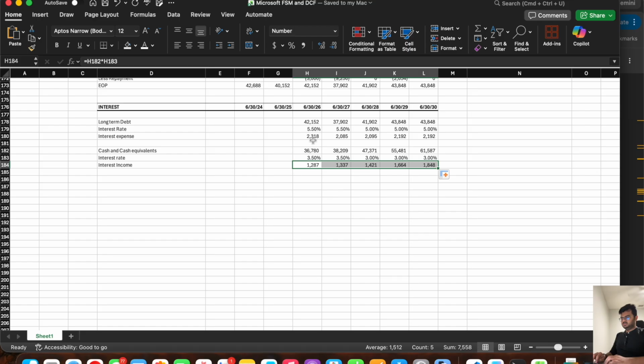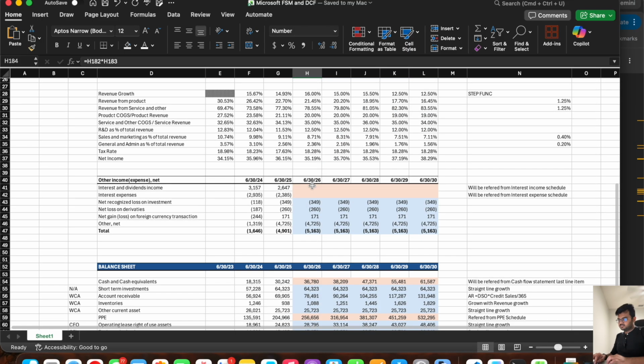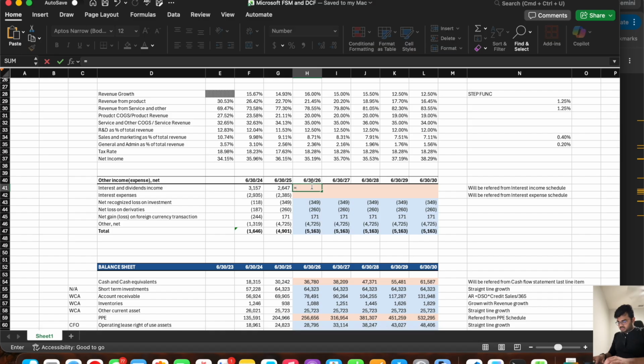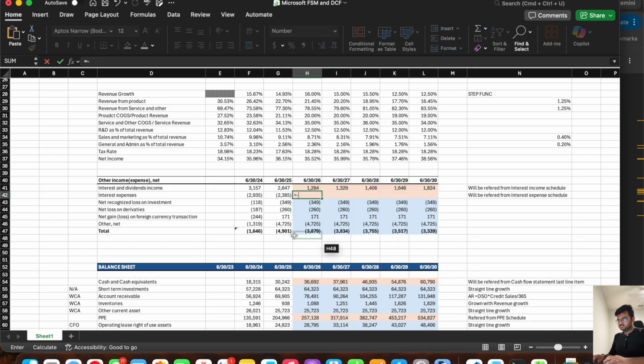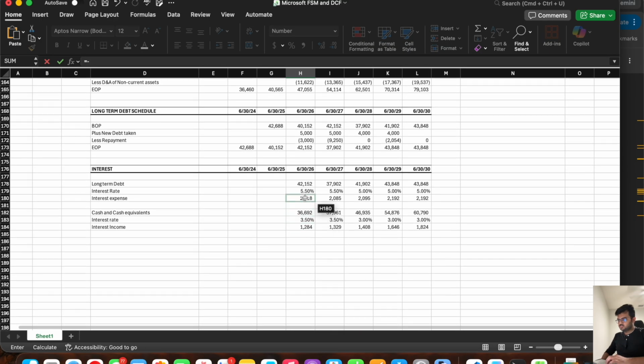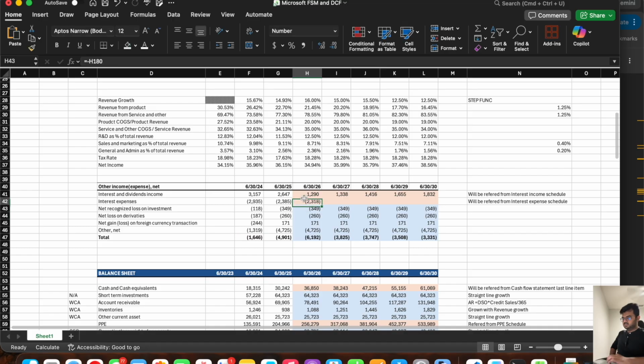Okay, pretty much we got these two. We will go back and link it. This is 184. Interest income is H184. I'll link this. Then interest expense should be negative. Please make sure you are putting the numbers right. So we also tied up this part.